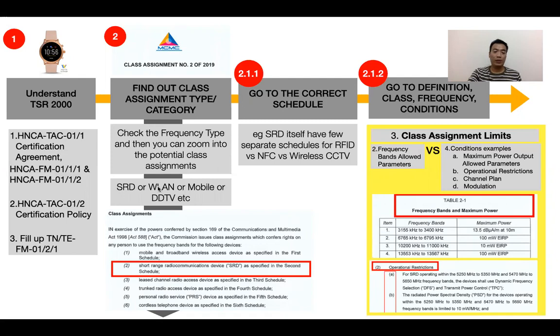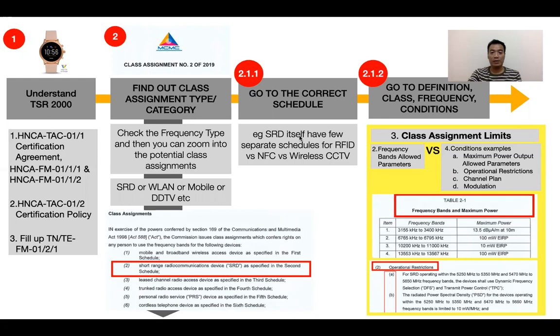For example, whether your product is under the class assignment for short-range devices, wireless LAN, mobile, or DTV. Under the class assignment, for example, you can check which class assignment and the specific schedule. With that, you go to the correct schedule.